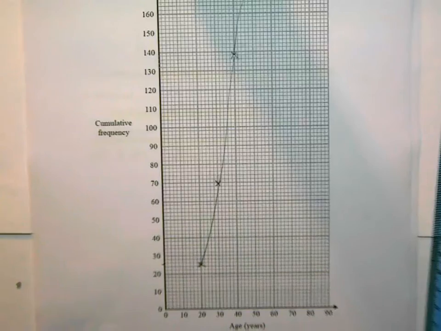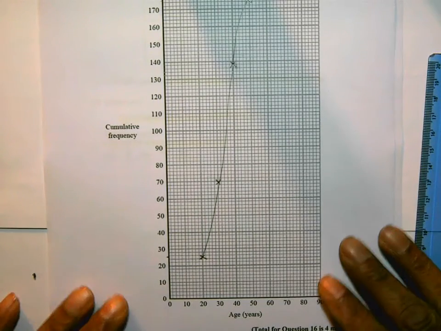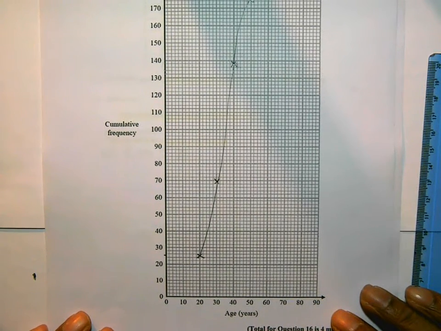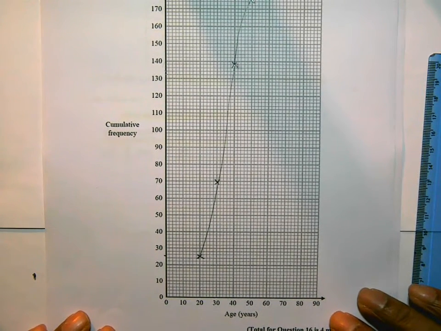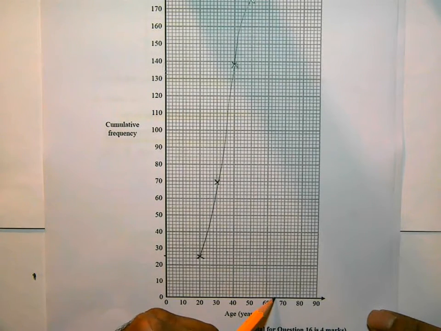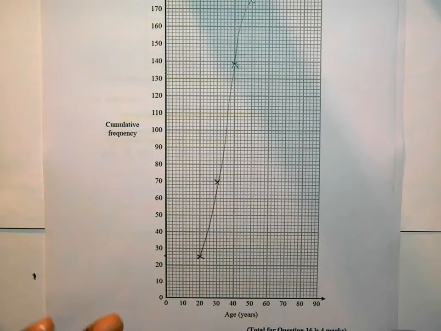So this is my cumulative frequency graph. If we zoom out to look at the whole graph, according to what he said, he reckons that 20 workers are older than 65.